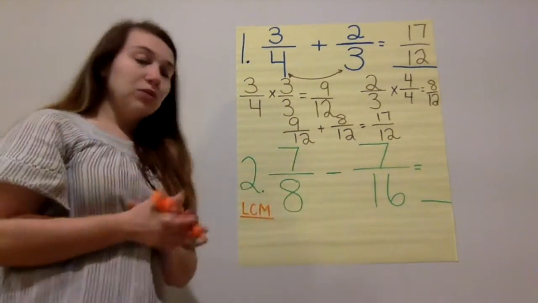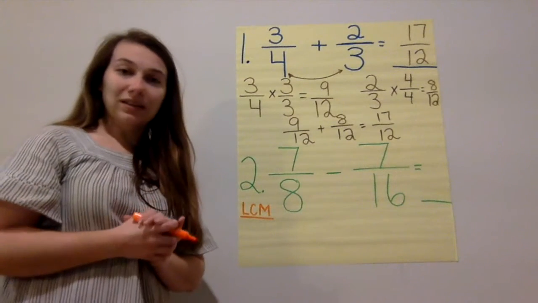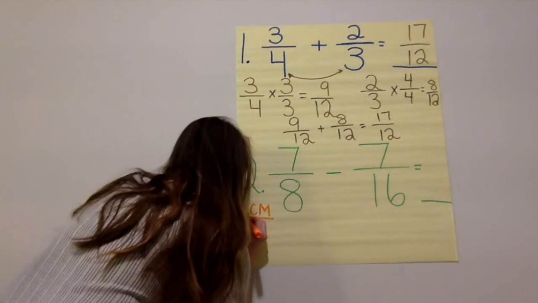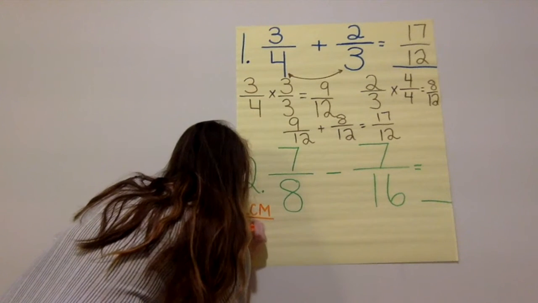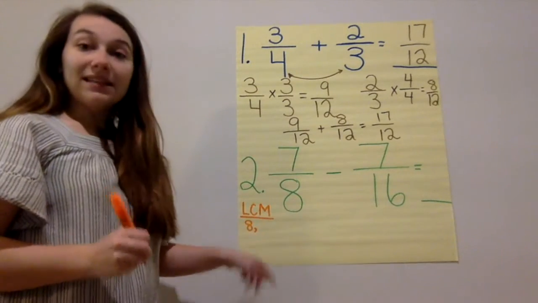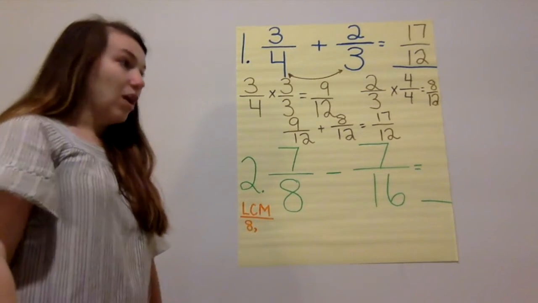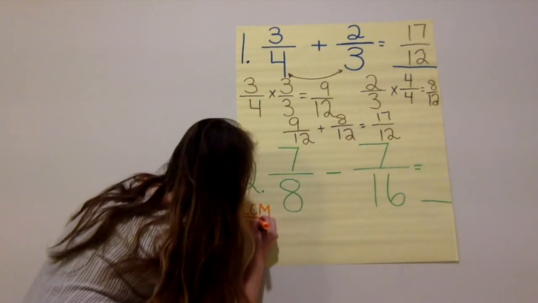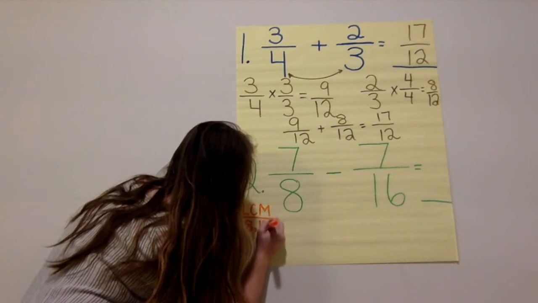We said 8 times 1. So what is 8 times 1? 8. Very good. So I'm going to list that right down here. Next, I'm going to do 8 times 2. Well, 8 times 2 is 16. So I'm going to list it right next door.